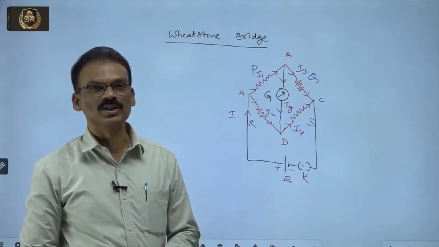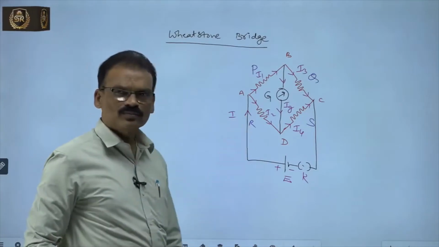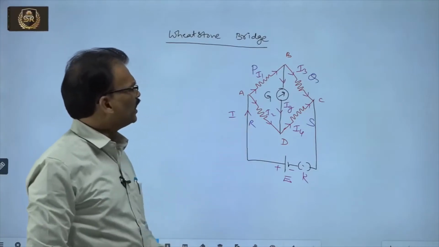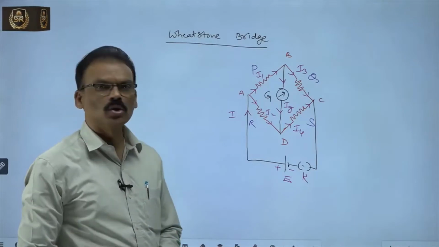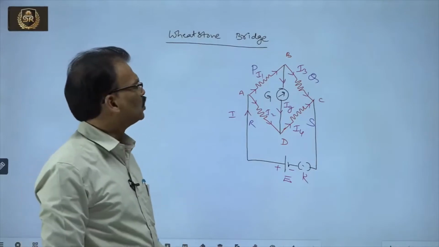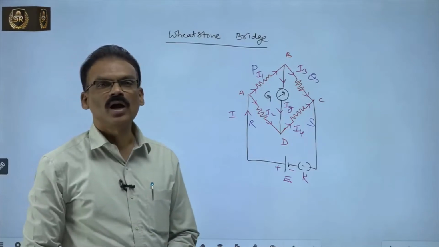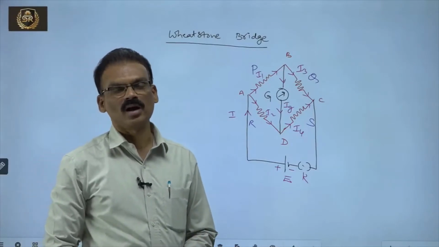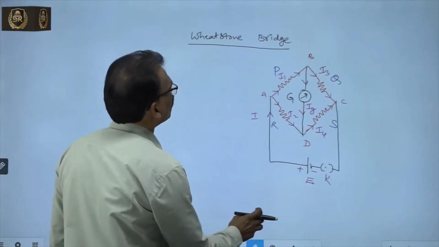Let current I at A be split. I1 is the current through P, through R I2, through Q I3, through S I4, and through the galvanometer I of G.